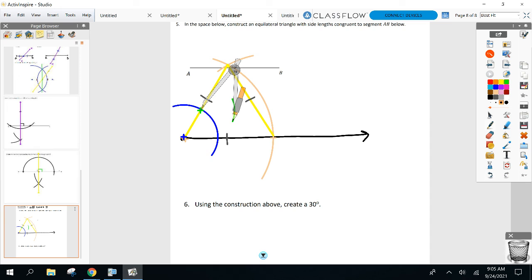Go over the second point of intersection, same opening, and make those last two intersect. So I'm taking a 60-degree angle in an equilateral triangle and cutting it in half using my angle bisector construction.